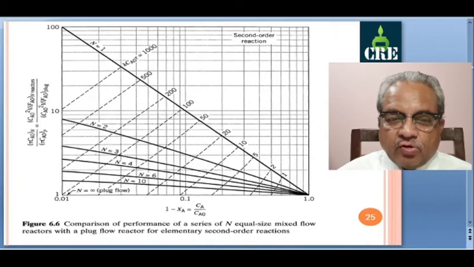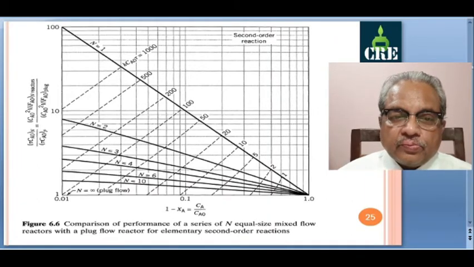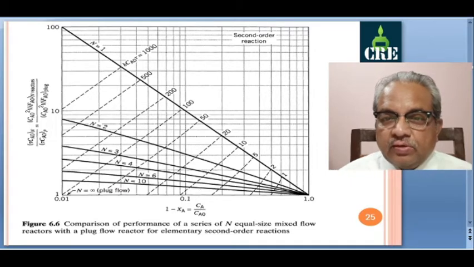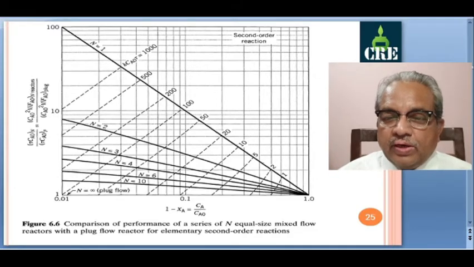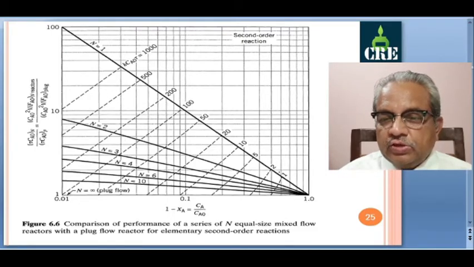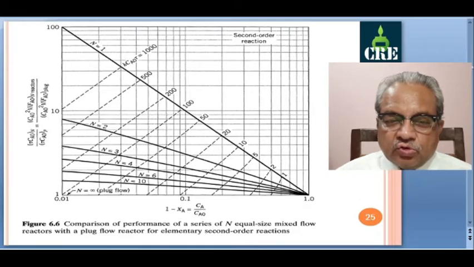Similarly, for second order, 1 minus xa here. Instead of k tau, we have kCa0 tau. And as this increases further, you can see this ratio is increasing. When kCa0 tau is less, this ratio is less.